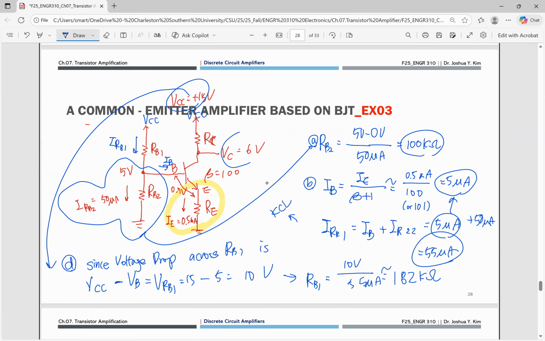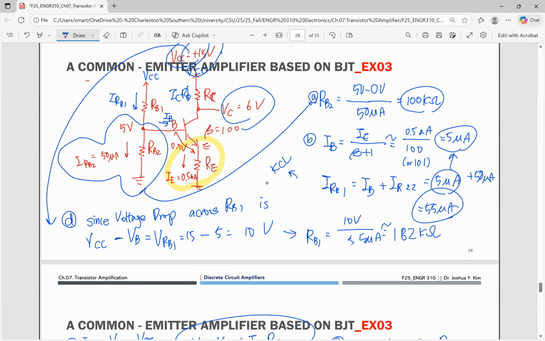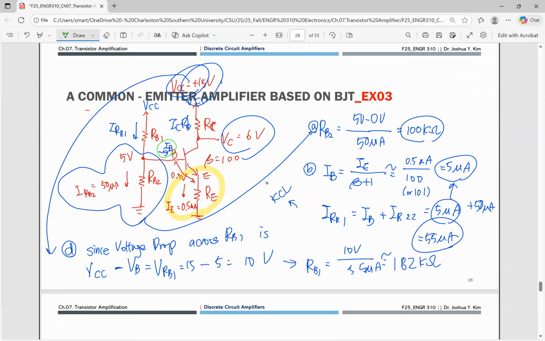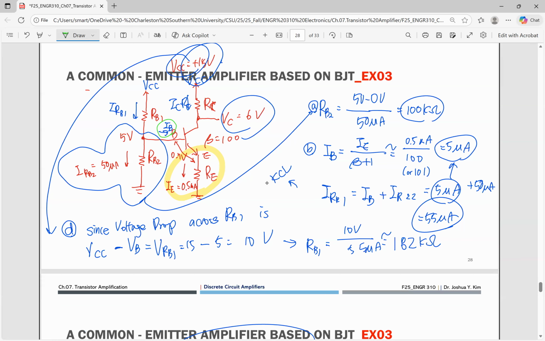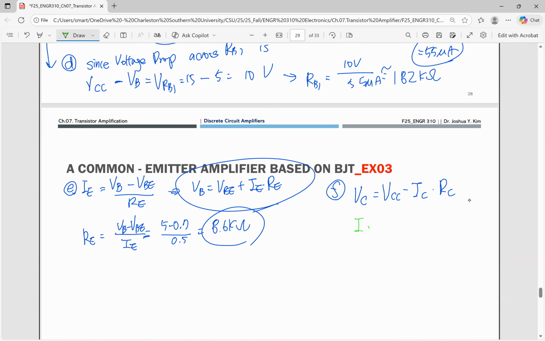You know, this is V sub C, V sub CC minus I sub C times R sub C. But in this case, the I sub B, it depends, but as I know it's really, really small, 5 microamp. So maybe it's up to you. Usually, theoretically, I sub C is approximately I sub E. Okay. All right.